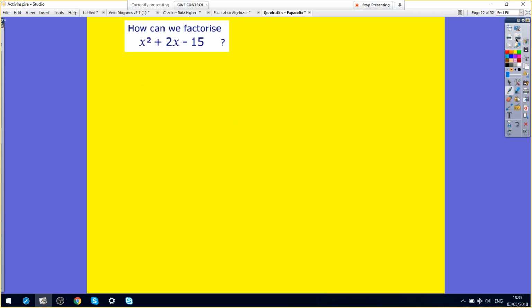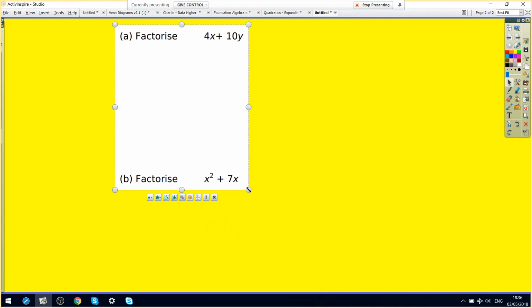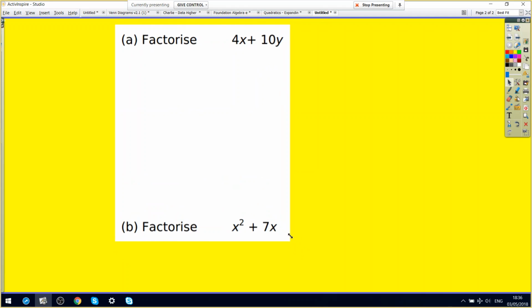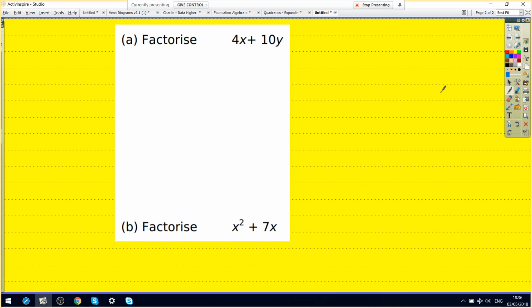Okay, so you have to try to figure out what were they both multiplied by, and then what were they both beforehand. So without any help, any idea how to do the first one? Would the first bit be 2? Yeah.